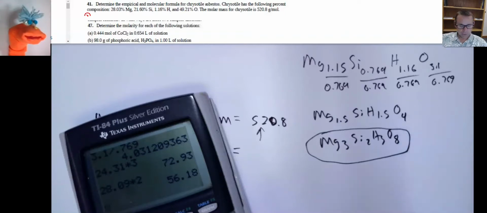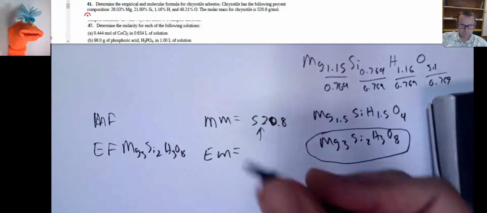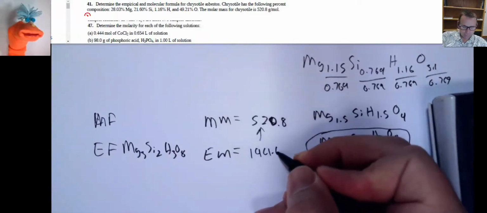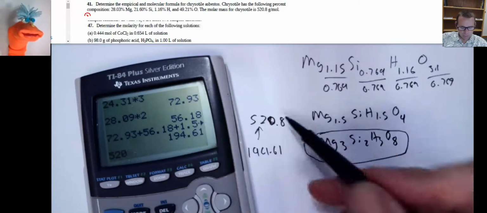So this is the mass for the magnesium, this is the mass for the silicon, 1.5 is the mass for the hydrogen, 64 is the mass for the oxygen. Did I do that right? I think so. So 194.61, and 520.8 is the molar mass.